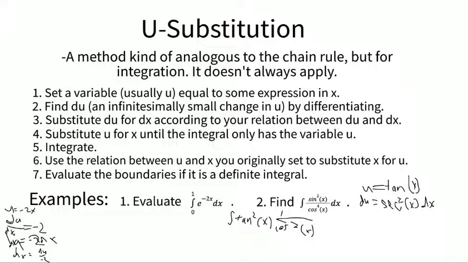And 1 over cosine is secant, so 1 over cosine squared is secant squared. So that's why I chose tangent of x as u.